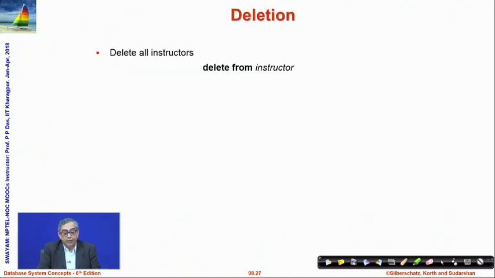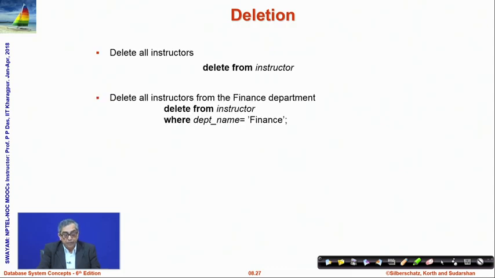Now, deleting all instructors is easy: delete from instructor, all records are erased and this becomes an empty table. But suppose we want to delete all instructors from the finance department, then like we do in select from where, we again use the where clause as a predicate and say delete from instructor, but you do the deletion provided this condition is satisfied, that is department name is the same as finance.